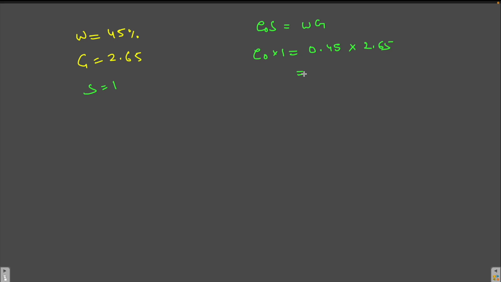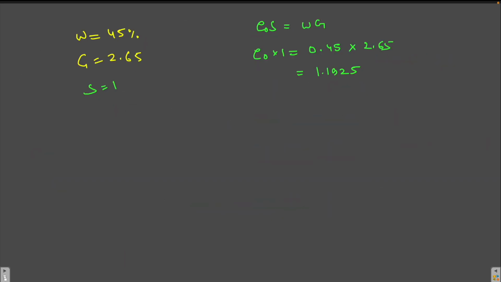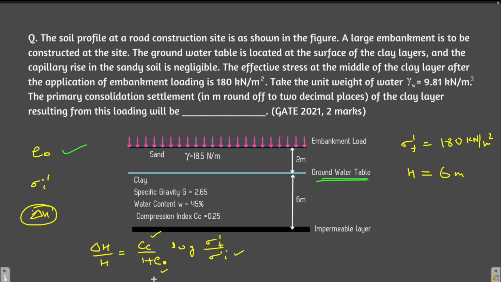The value of e naught is 1.1925. This is the value of e naught. So our first task is done. We know what is e naught. So let me write it here. e naught is 1.1925. e naught is done.